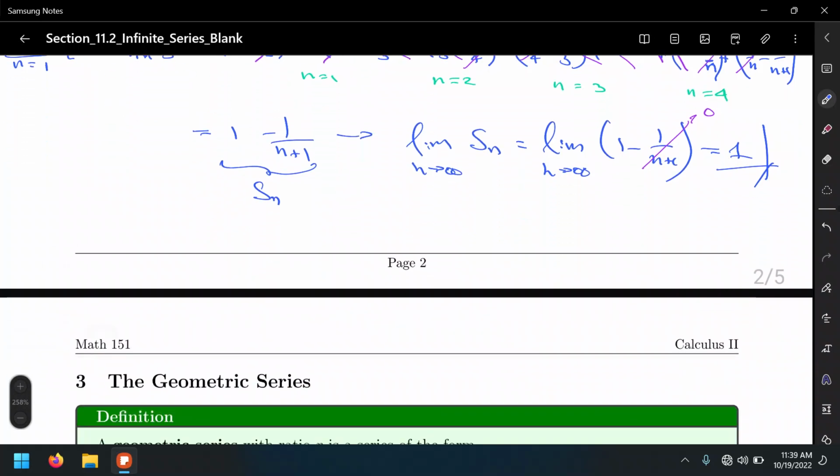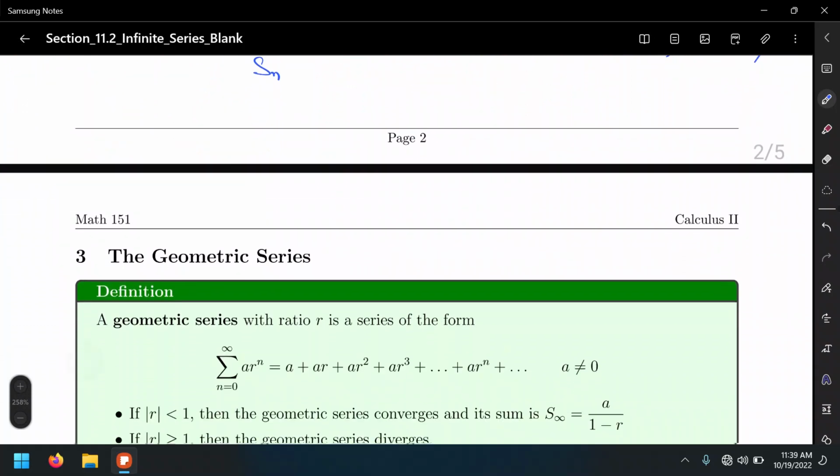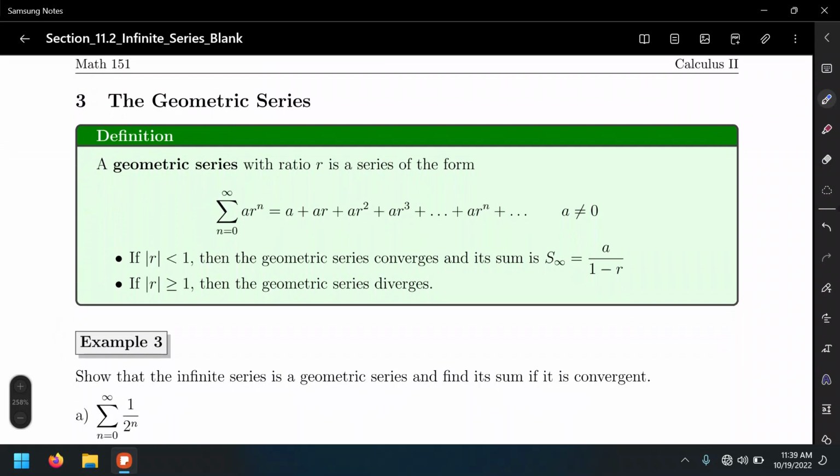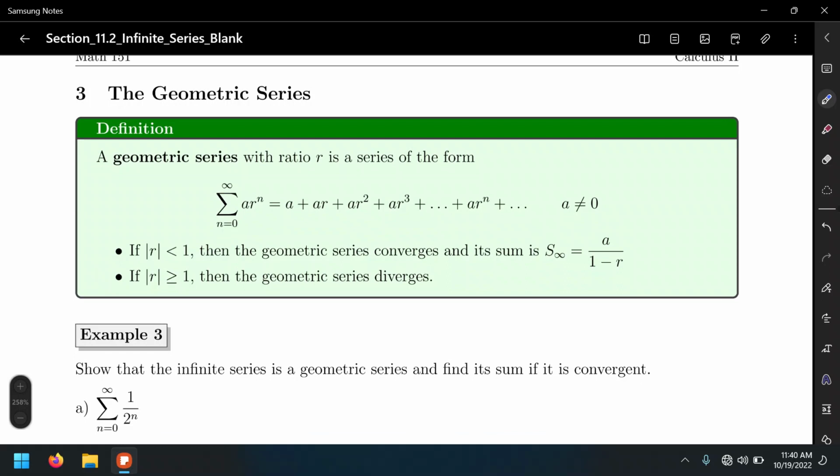Let's get to the geometric series. A geometric series is a very, very special sequence or series, if you will. We're going to focus on the series part of the geometric one. It has this form: a plus ar plus ar squared plus ar cubed, etc. But what's this?